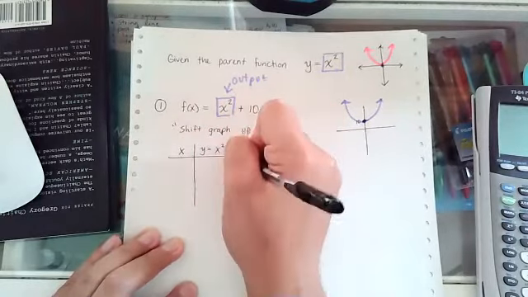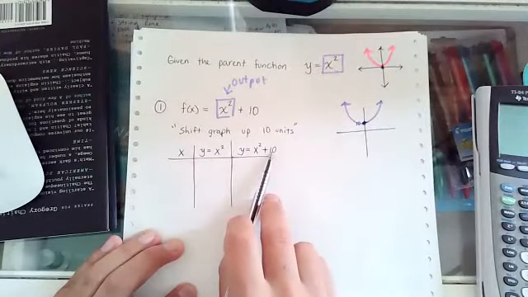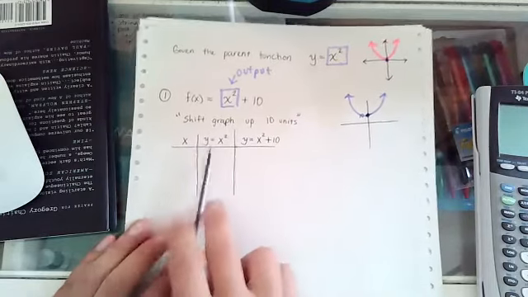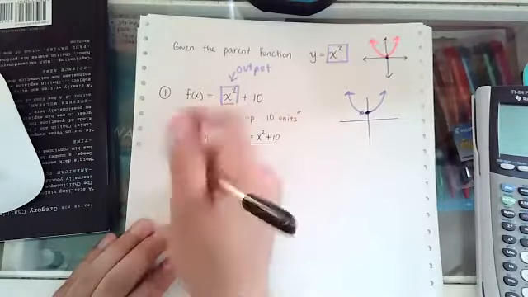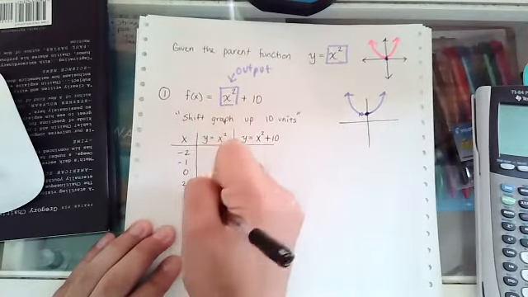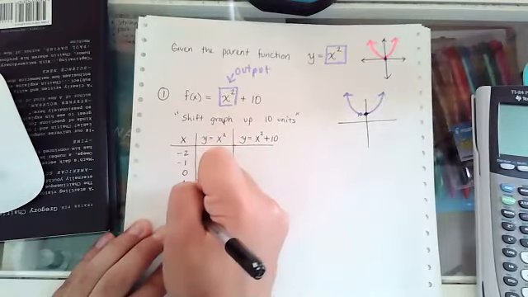And then I'm going to have another column in my table that says y is equal to x squared plus 10. What happens when I add 10 to the output values, right? So we might want to fill out this table by coming up with some input values to plug into the function, like -2, -1, 0, 1, and 2. Sorry, I probably should have counted in order. There we go.